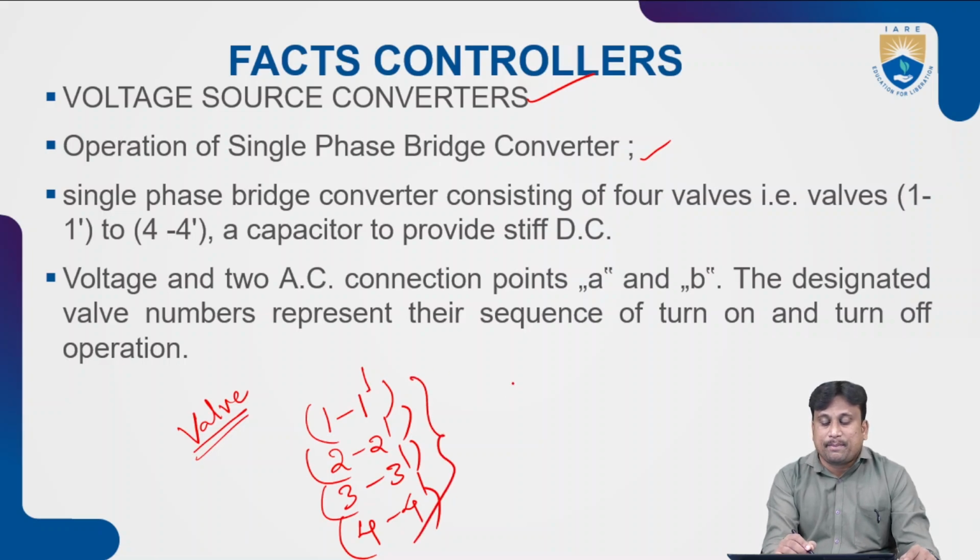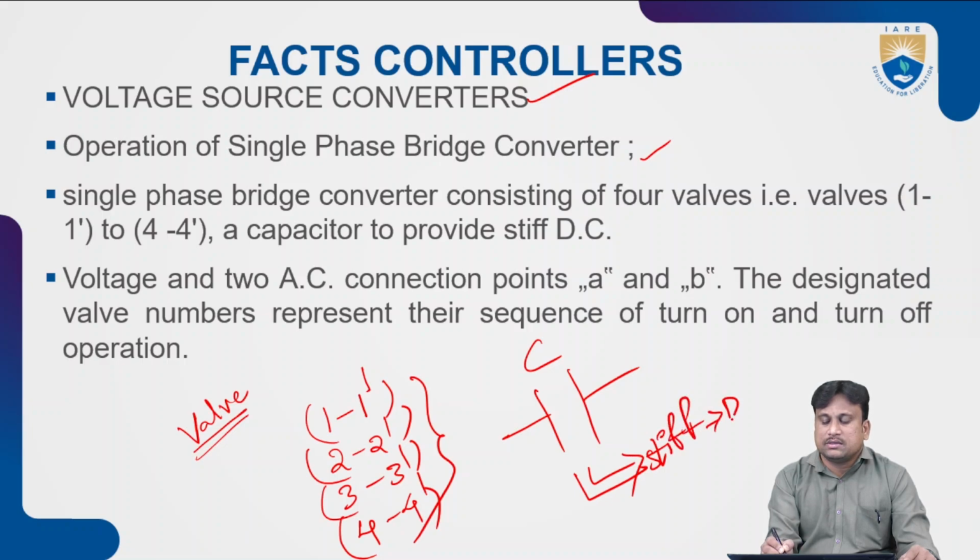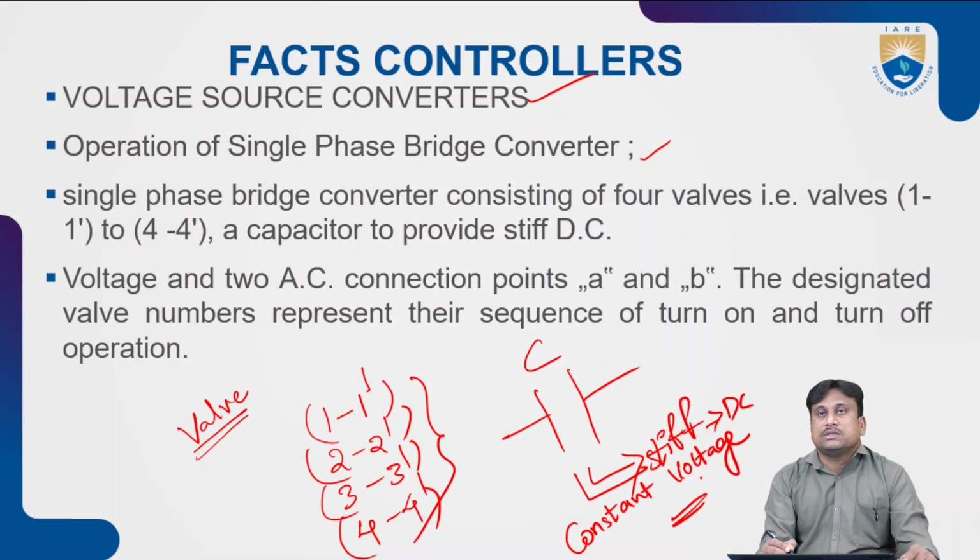So here is a capacitor. This is ready to provide a stiff DC value. What does this stiff DC value mean? A constant voltage is going to be maintained.